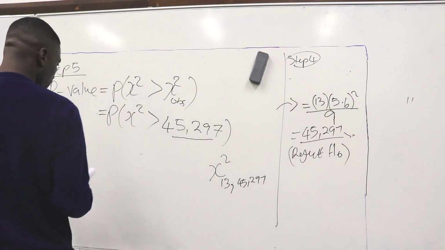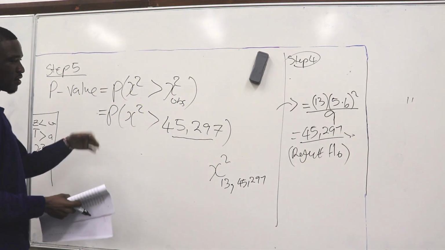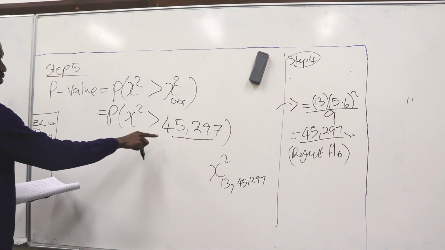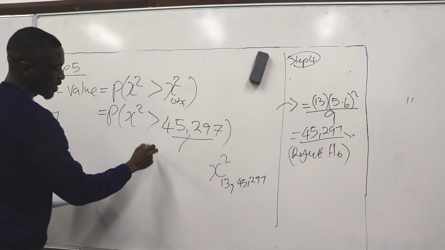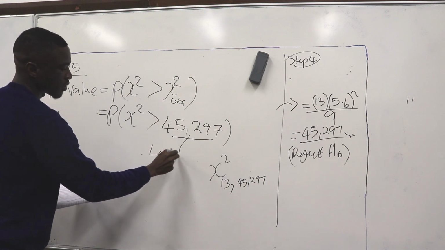Yeah. So we can see here that the p-value for this number, because there's a bigger number here, so we'll assume that this bigger number has what? Has lower probability.